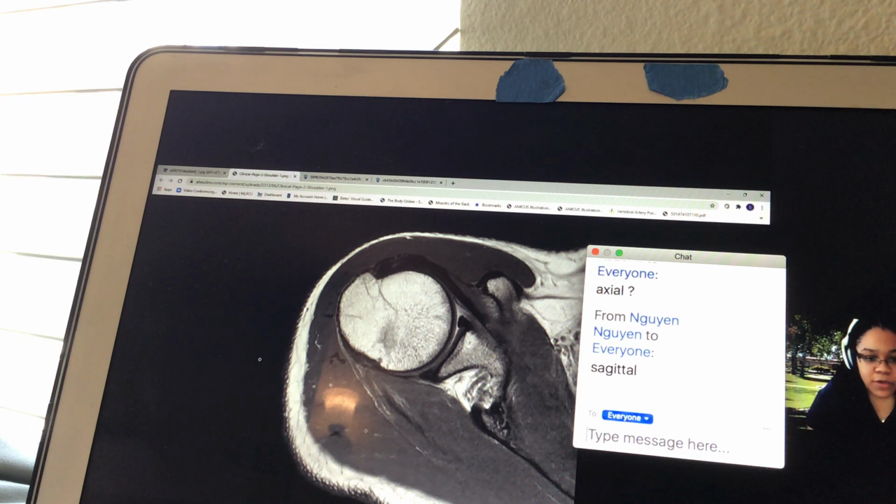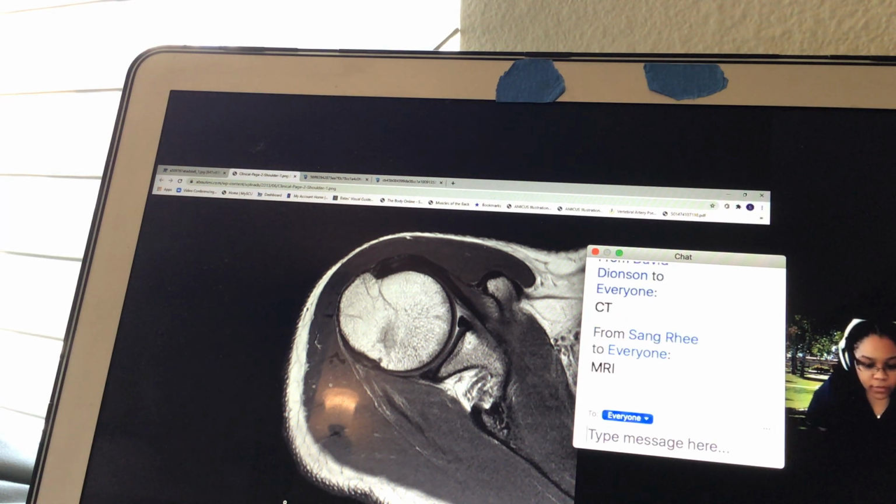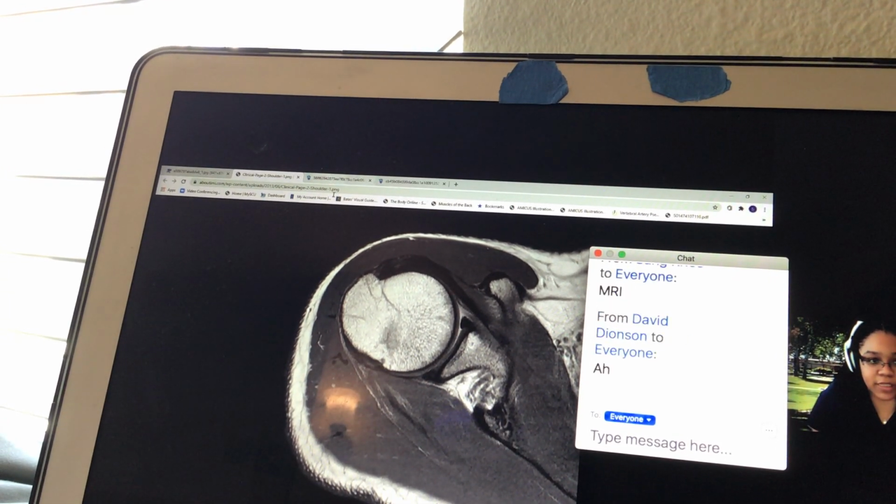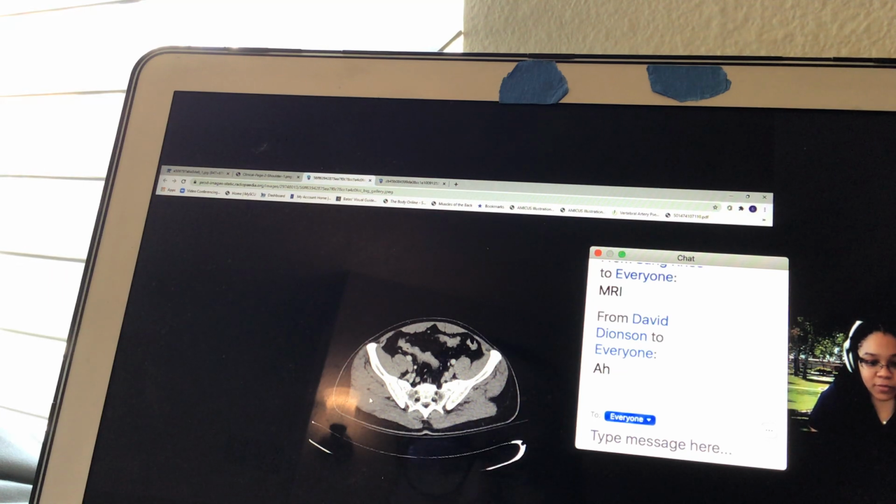As opposed to this one, it says MRI or a CT. So this is also an MRI. So remember, when you're looking at the cortical bone, the outer margin of that bone is going to be black for MRI, as opposed to what we're seeing in this example.